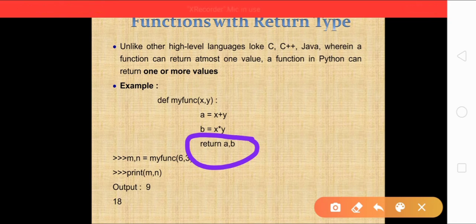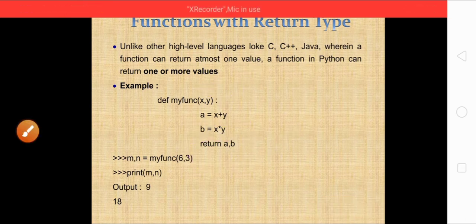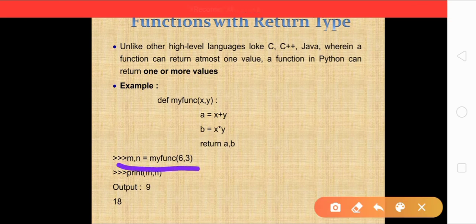I am providing two values to the function myFun with x and y. Using these two values, first I am going to add them and second I am going to multiply them. This is the definition of the function, and finally both the values a and b will be returned. You can see here I am calling the function myFun with two values 6 and 3.